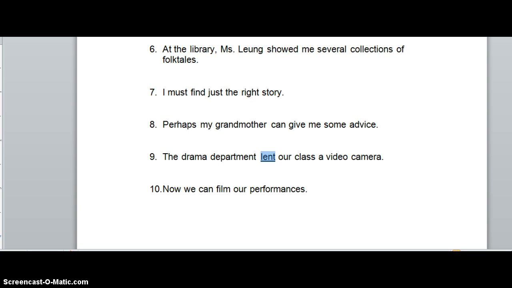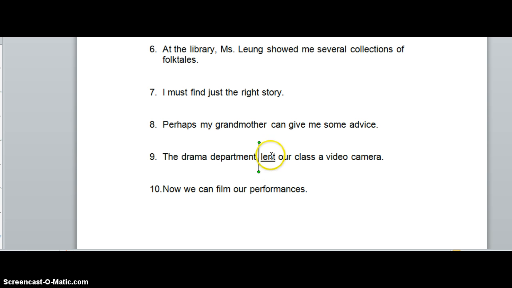I can draw my vertical split between my subject and my verb. And just as a quick recap, the drama department is my complete subject. My simple subject there, though, would just be department. If I wanted the complete predicate, it would be everything on this side of the sentence: lent our class a video camera. Lent is my simple predicate or my verb.